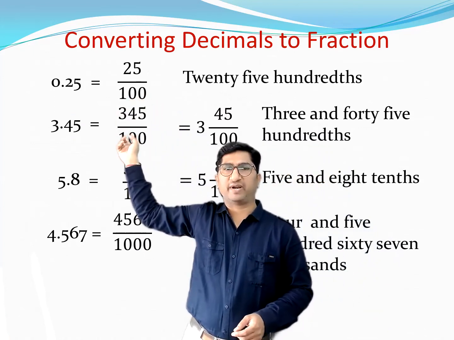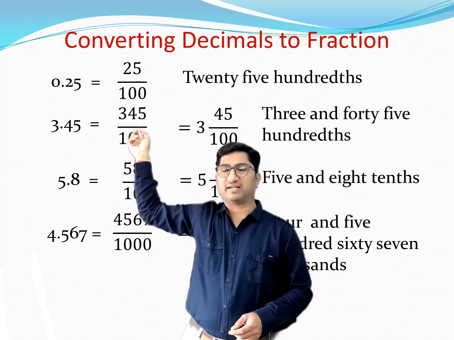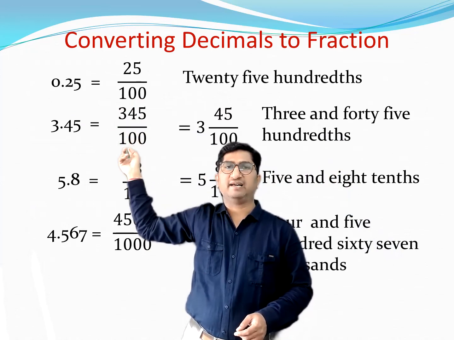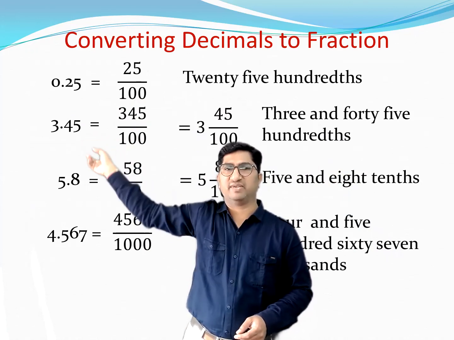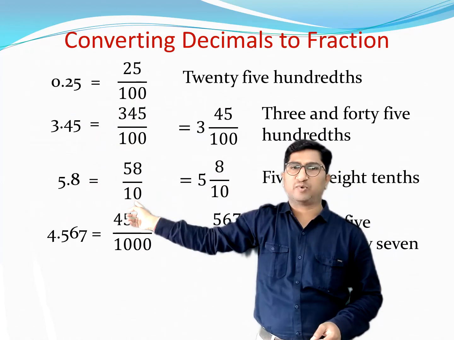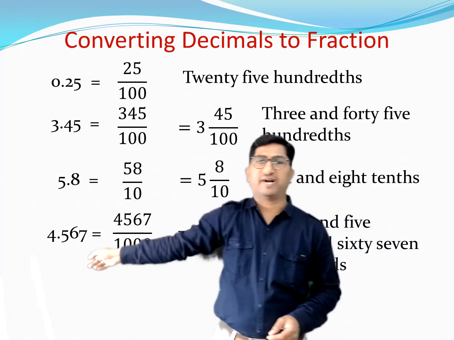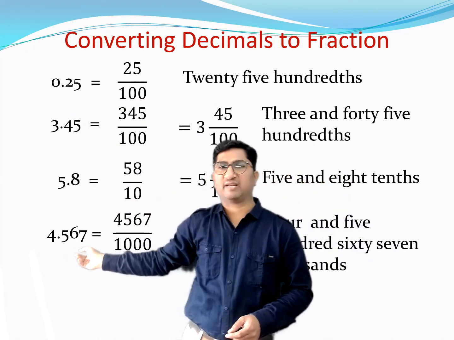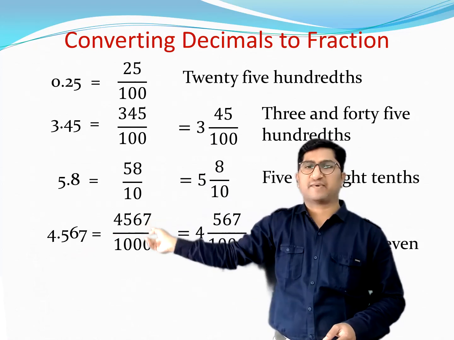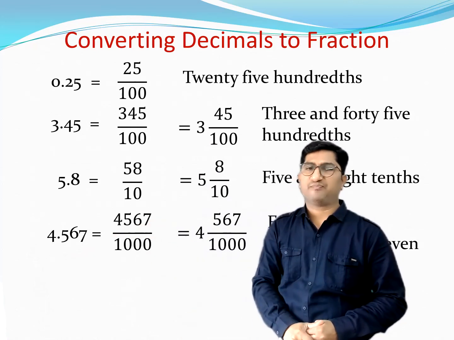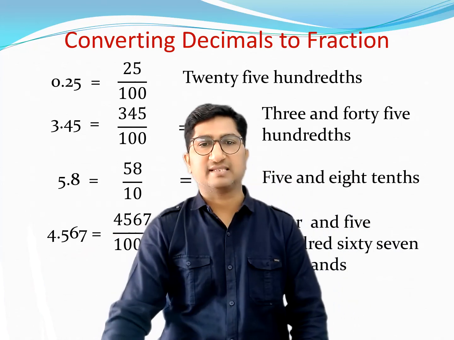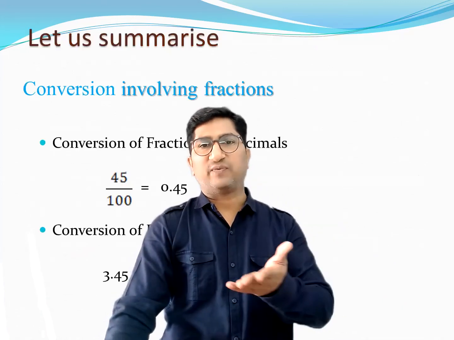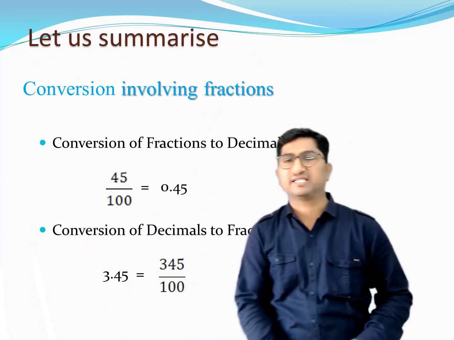Similarly, 3.45: write the number without the decimal, 345. The denominator will be 100 because there are two digits after the decimal. 5.8 is 58 upon 10. And 4.567 means 4567 divided by the denominator 1000. I hope you have understood the conversion of decimals into fractions and fractions into decimals.